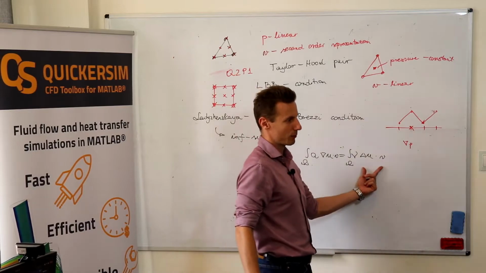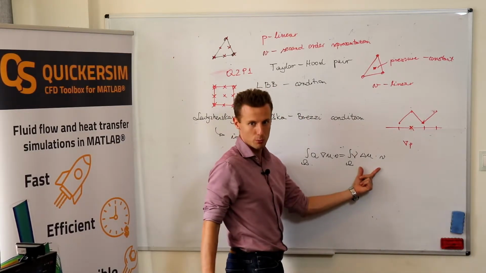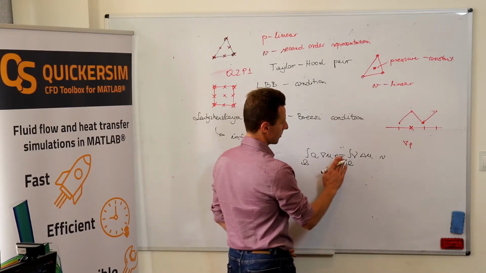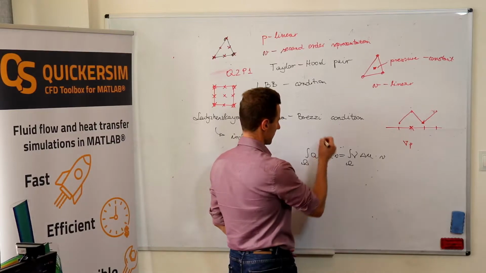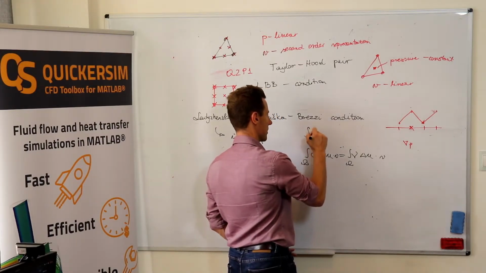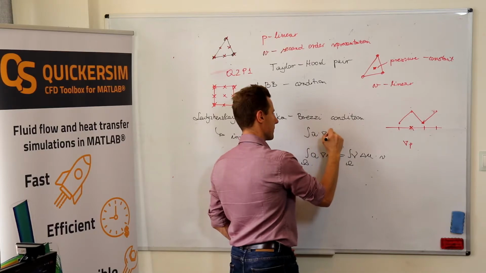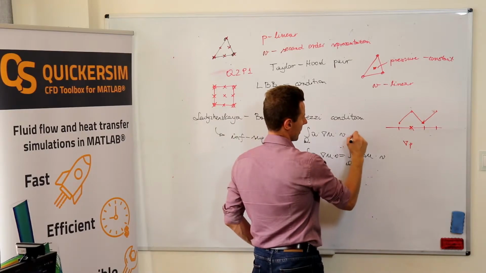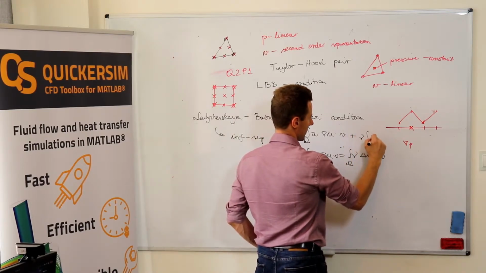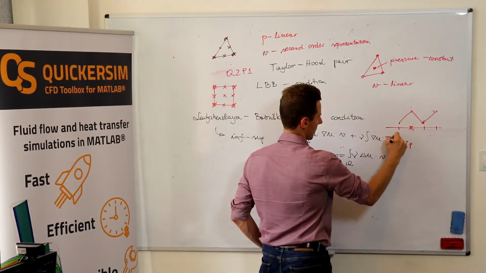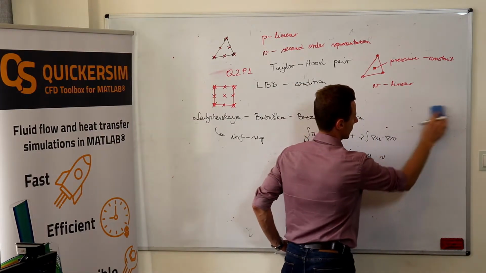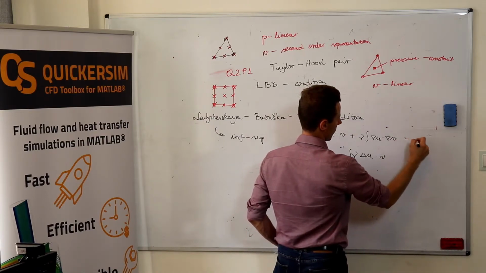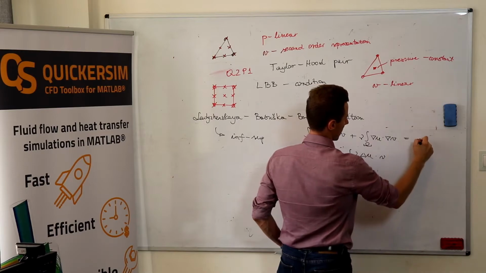I will not repeat the derivation of this term because we have done it a couple of times. Let me just write. I need to have some more space. So we don't change anything in the convective term, but how did we discretize that? Equals, I think, plus.